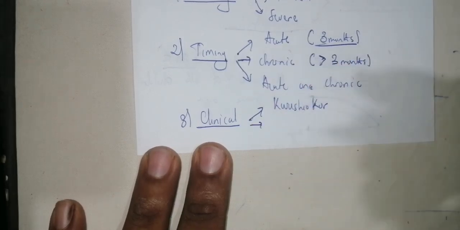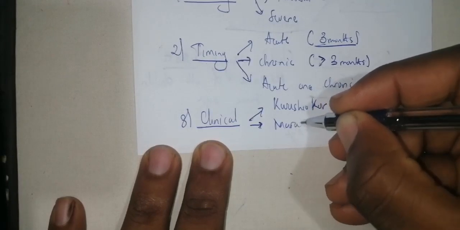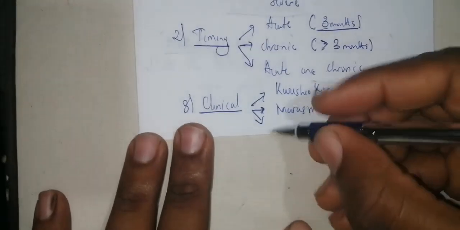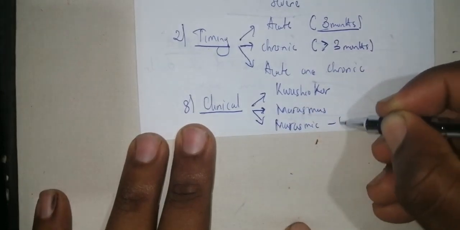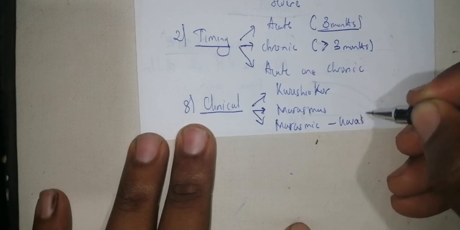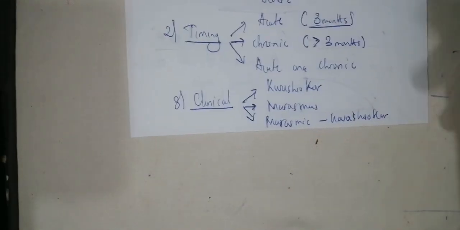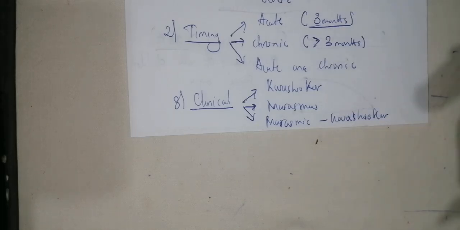Two, the second one, which is marasmus. And then three, we're going to have marasmic kwashiorkor. Basically, these are the three major elements that you need to understand when you visualize malnutrition.